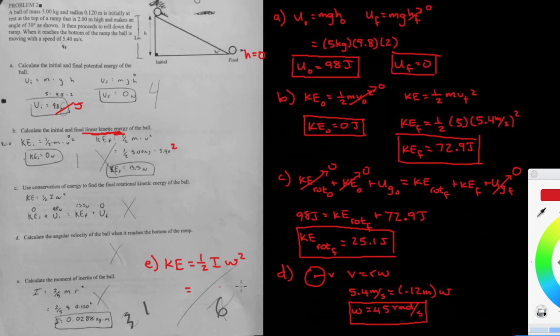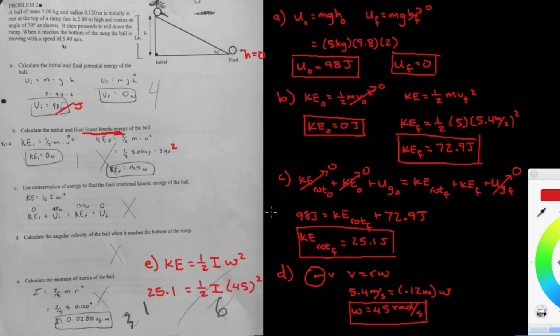And so we know the rotational kinetic energy was 25.1. Trying to solve for the I. I would not use the 2/5 mr squared one, because this would assume that the ball's solid.